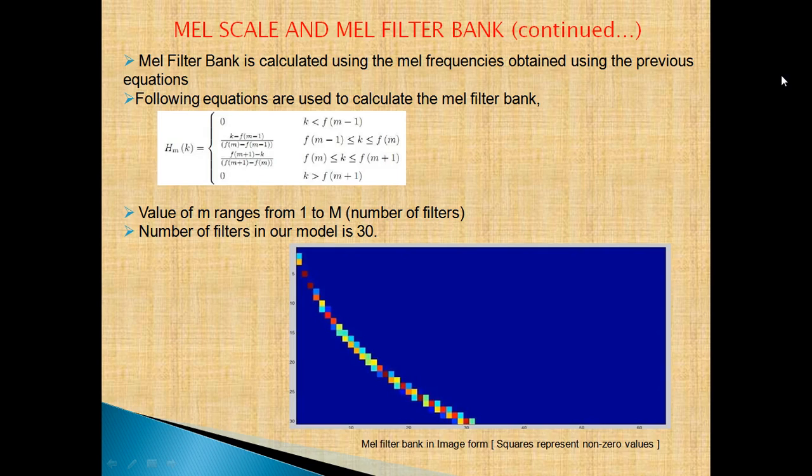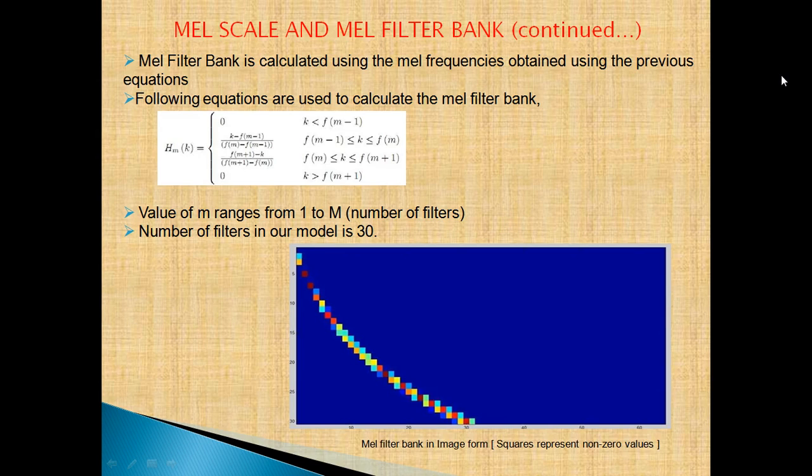The value of small m ranges from 1 to M. The capital M defines the maximum number of filters we can use. For my model, I'm using 30 filters. The data for all of these are taken and stored, and this is called a Mel filter bank.